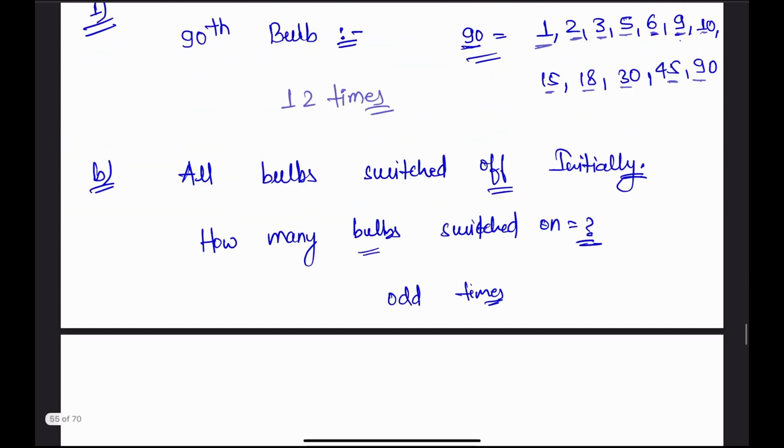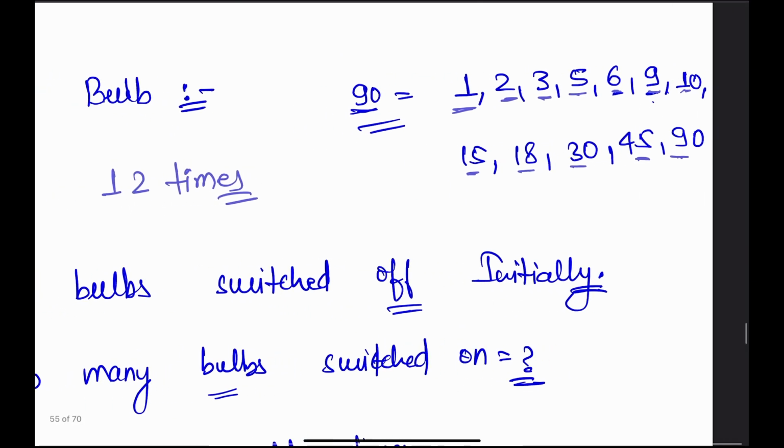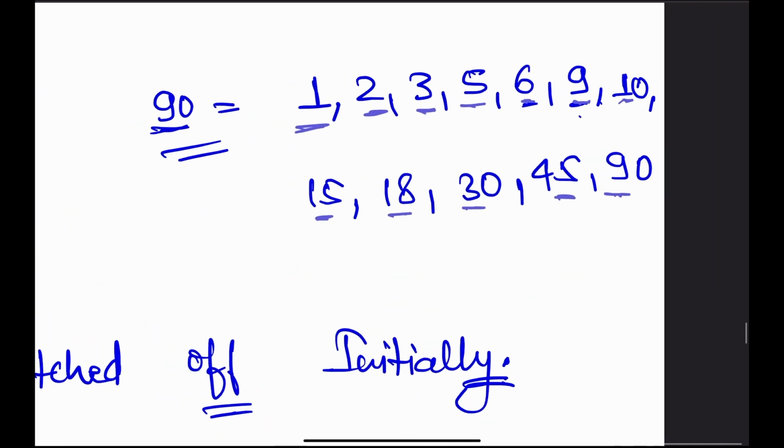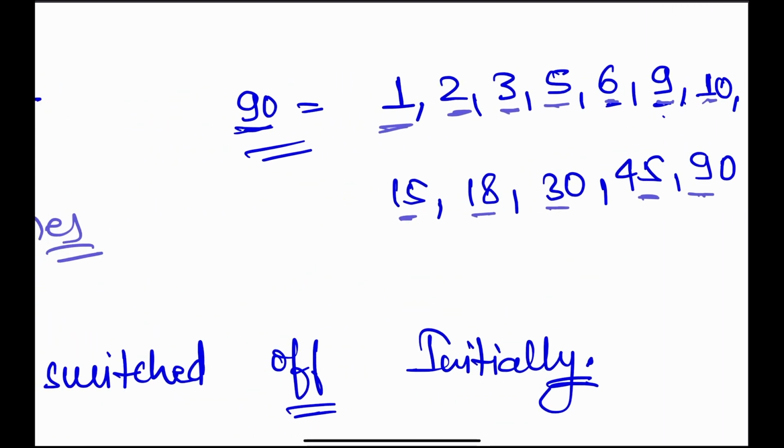Let me visualize this. While finding the factors of 10, I paired up 9 and 10. To find the factors of 6, I paired up this value. For 5, I paired this. For 3, I paired this.